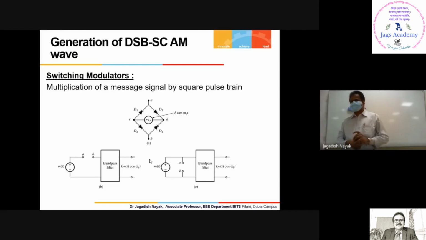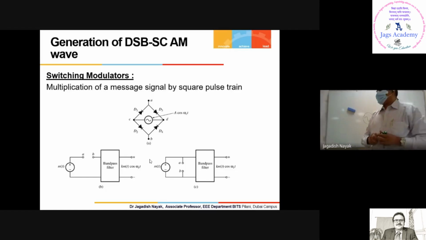What does it generate? Ultimately, what does it generate between A and B? Your oscillator is this one. It generates this.